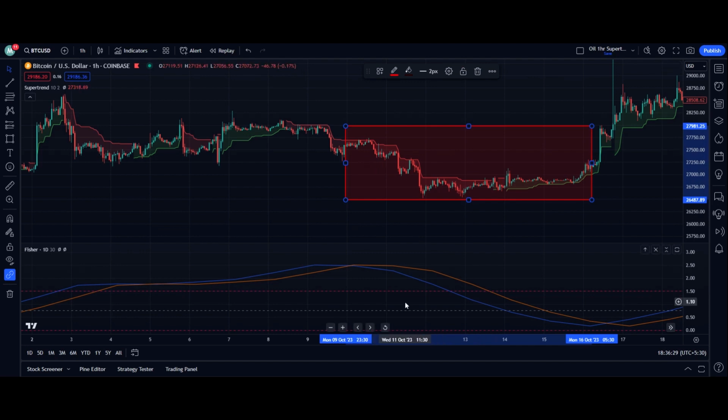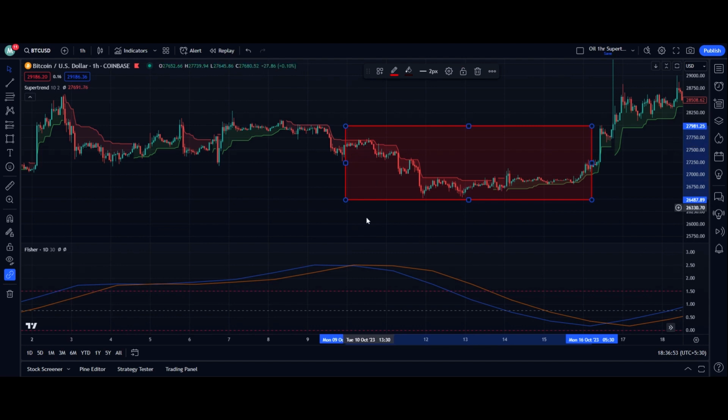We get the bearish signal on the Supertrend here, and after one day or so, I think a couple of days, the Fisher changes because that is calculating 30 days' worth of data.